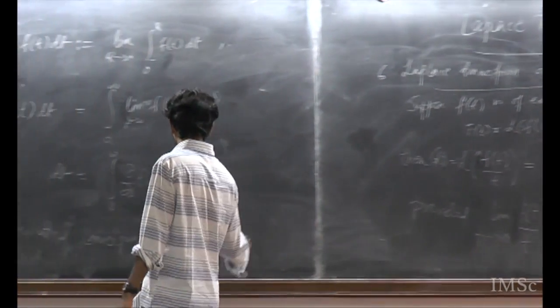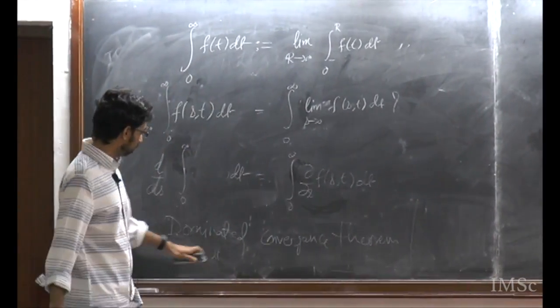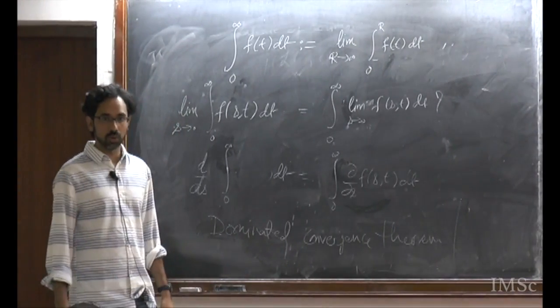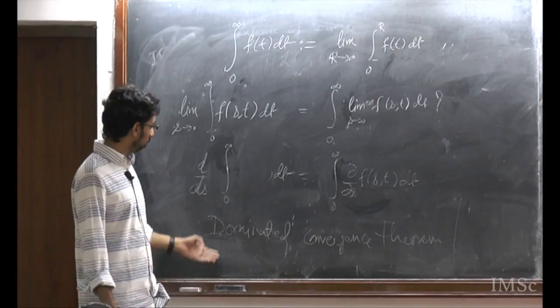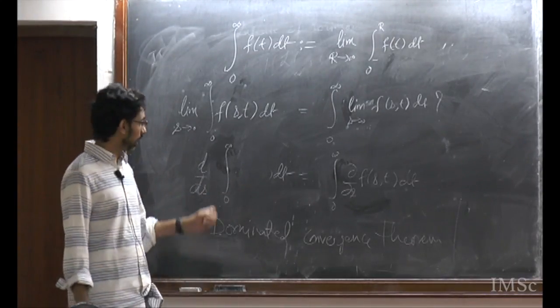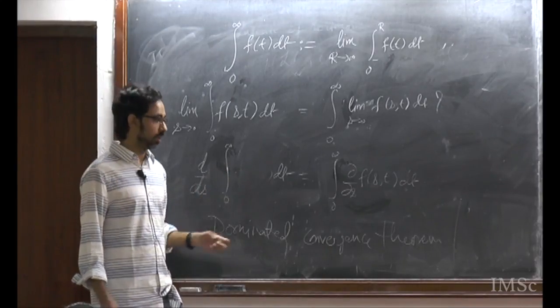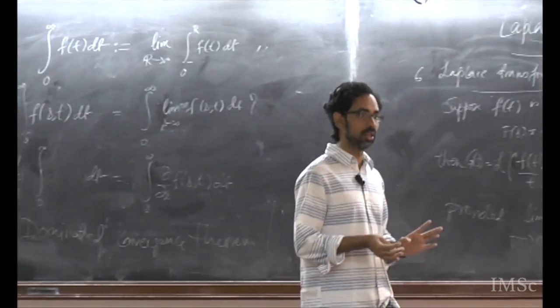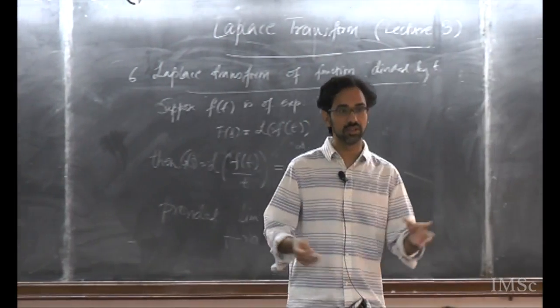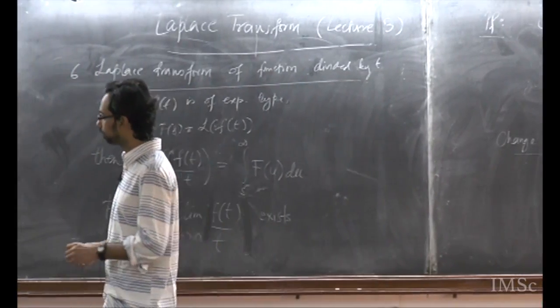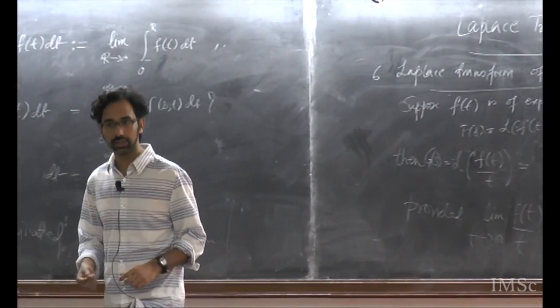But in your free time, please explore and try to understand what the right conditions are for swapping of limits, especially for improper integrals. When you have definite integrals, it's not a problem because things are finite. But whenever you have infinities, you have to be very careful in doing these operations.